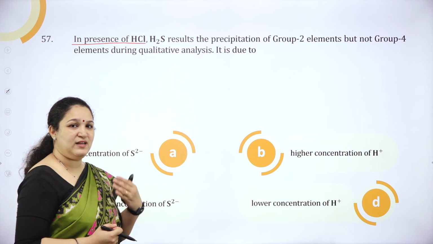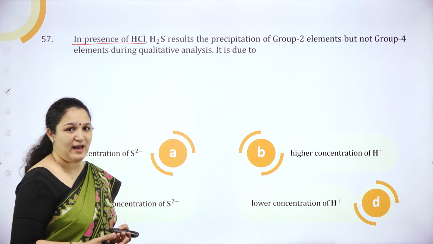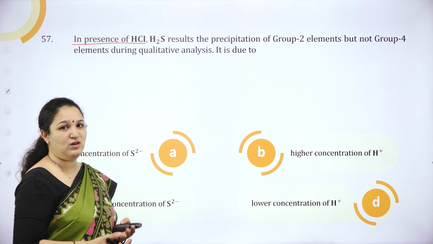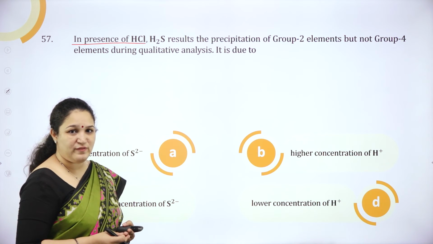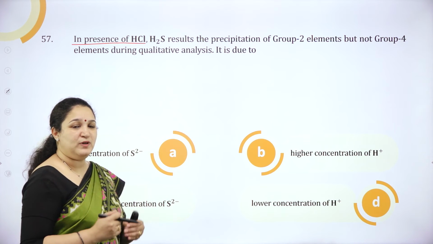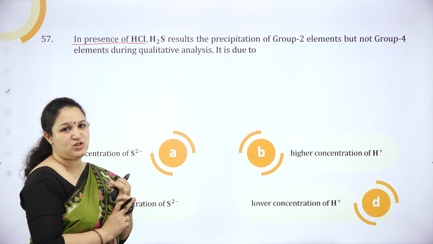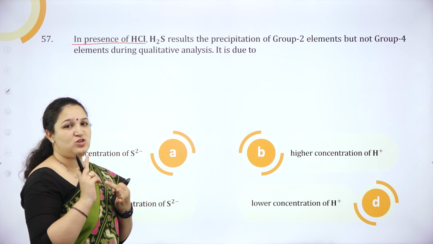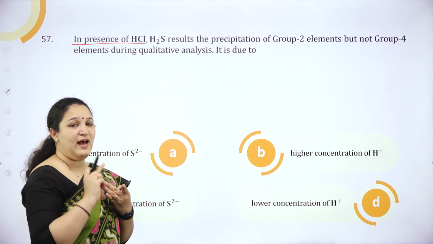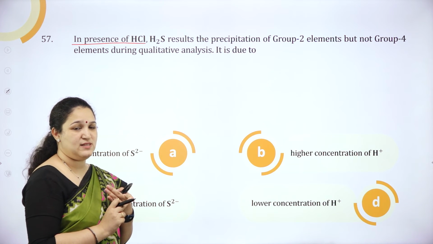Then for group 3, it is original solution plus you will add ammonium chloride salt, dissolve it and add excess of ammonium hydroxide. For group 4, you will take the original solution, add ammonium chloride salt, then add ammonium hydroxide and then you will add H2S in excess, isn't it?